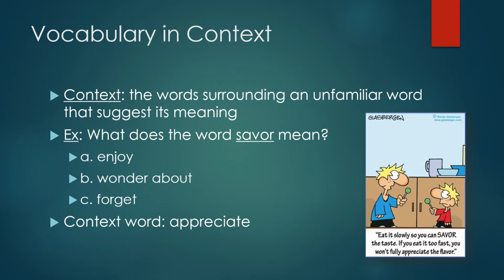So the word appreciate here suggests enjoy, and savor is a synonym, a word that means the same thing as something else. Savor and enjoy mean the same thing. That's what we're talking about with context clues. Sometimes it's very easy to find them, because whoever is writing the examples will show it to you immediately, and sometimes they're a little bit more hidden.